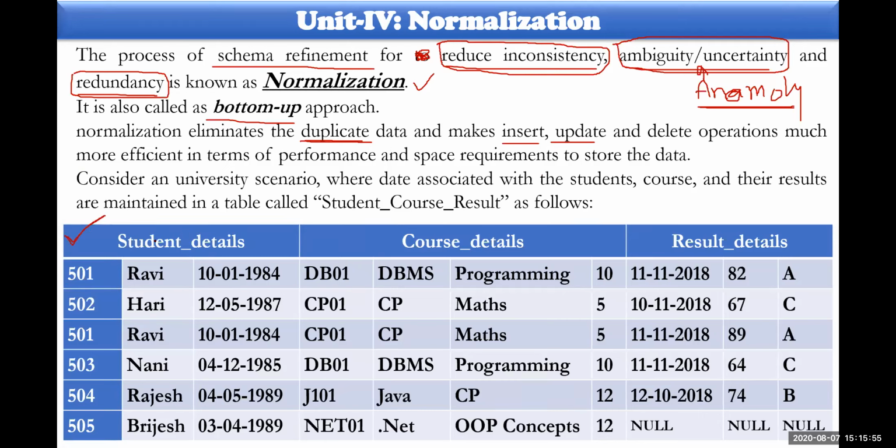Okay. So student data: as soon as they have joined, immediately they have mentioned this particular student data, something like this. In this particular way, the student data has been maintained. 501 Ravi, 502 Hari, again 501 Ravi.